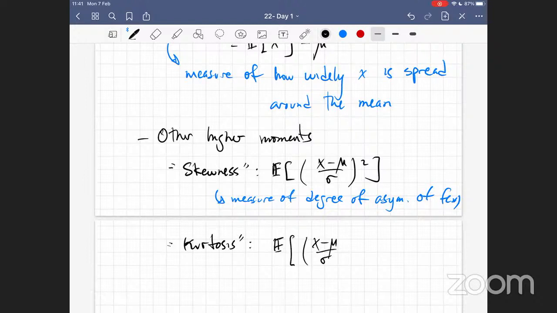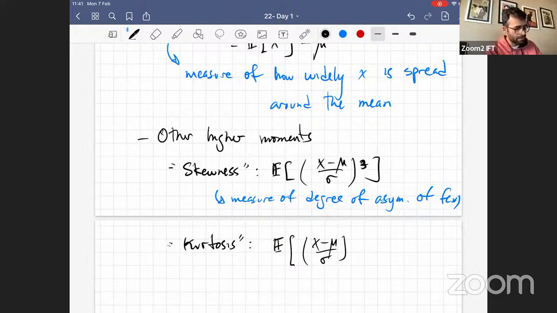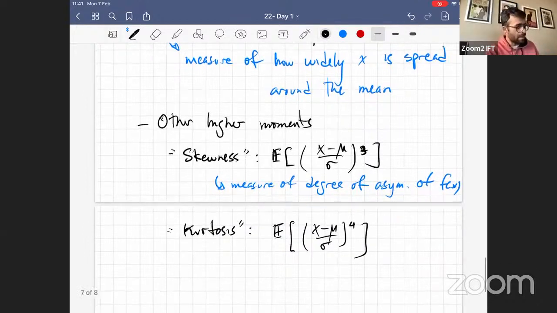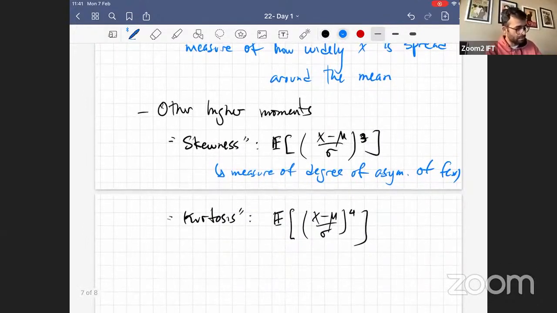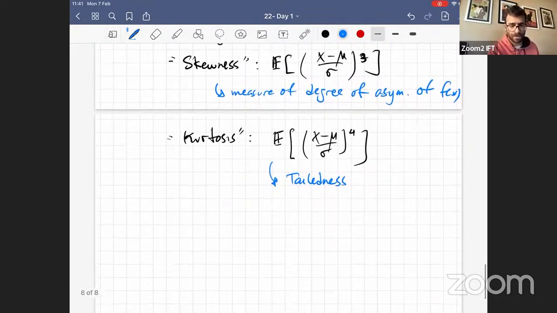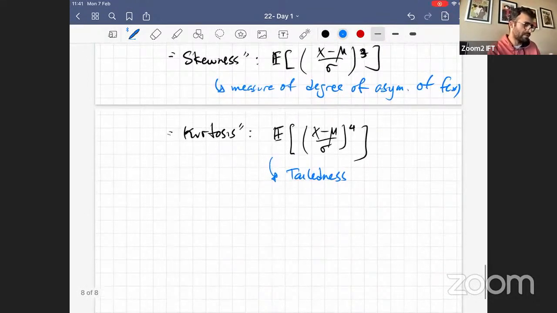Yeah. In the skewness, should the power be to the third, maybe? Yeah. Thanks a lot. And then the other moment, and I will stop here, is the kurtosis, which is the fourth moment. The kurtosis is telling you something about the tailedness of the distribution. This can characterize the outliers, etc. Okay, so those are typical moments that you need. Of course, the first two moments are the ones that we typically use, but at some point, it is also useful to have these other higher moments.